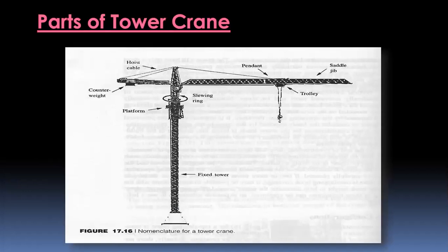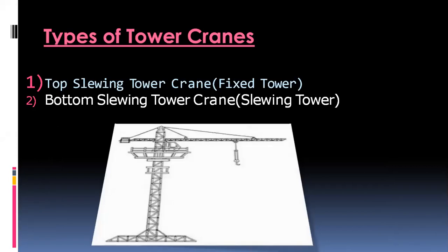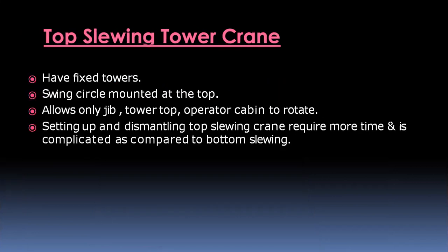These are the parts of tower cranes, and here you can observe the top swing tower crane. This is the fixed tower, and the top swing tower crane has a fixed tower with a swing circle mounted at the top.